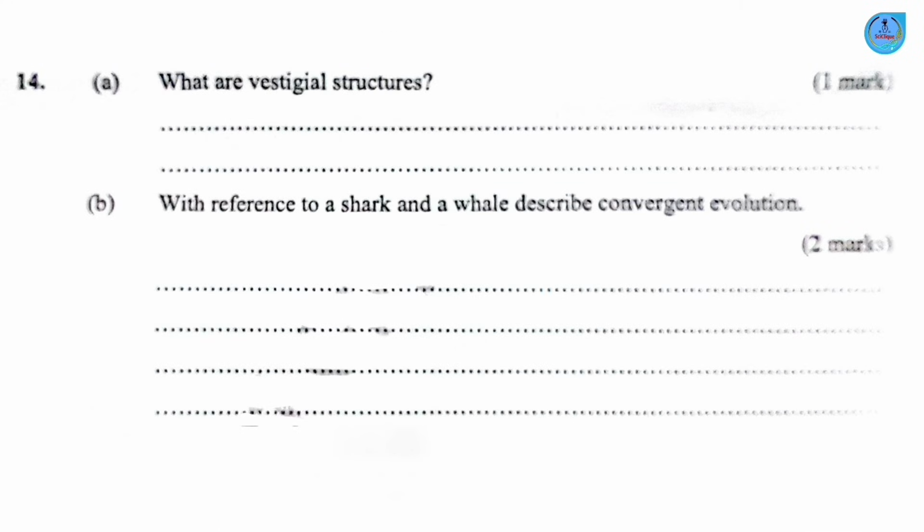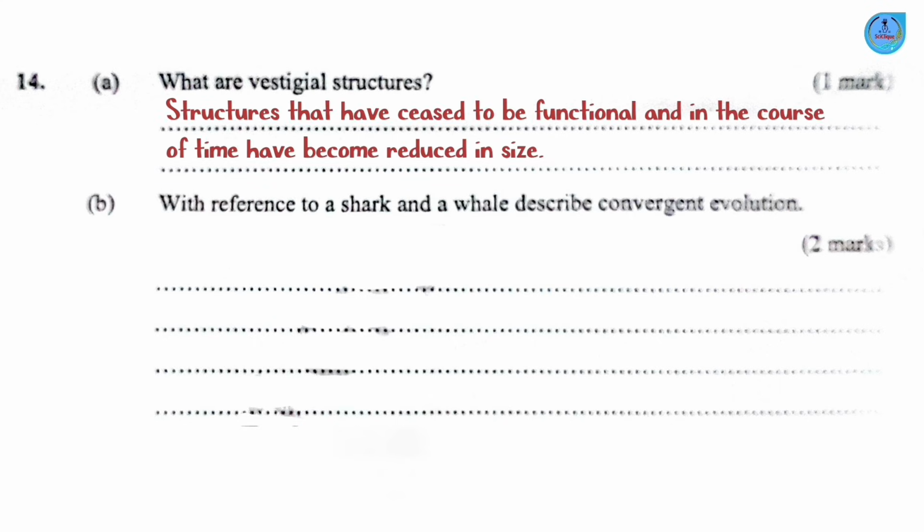Question number 14. Part A. What are vestigial structures? These are structures that have ceased to be functional and in the course of time have become reduced in size. Now, I want to say this. Sometimes students confuse the two.